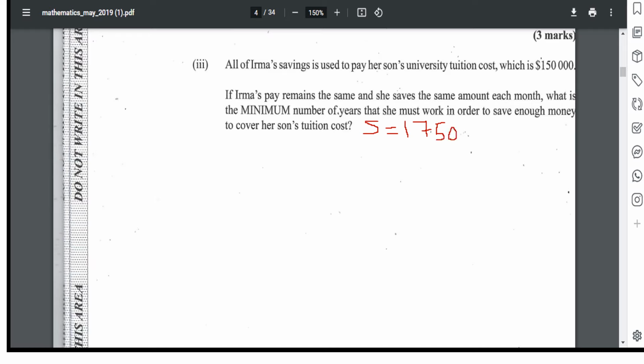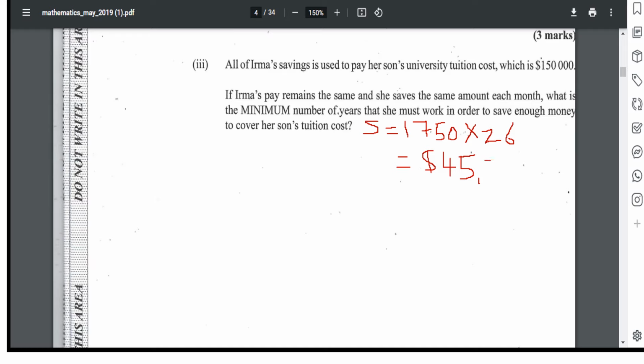So we multiply that by 26 because there are 26 fortnights in 1 year, so that she would have saved $45,500 for the year. That's the key to finding the answer for this question.